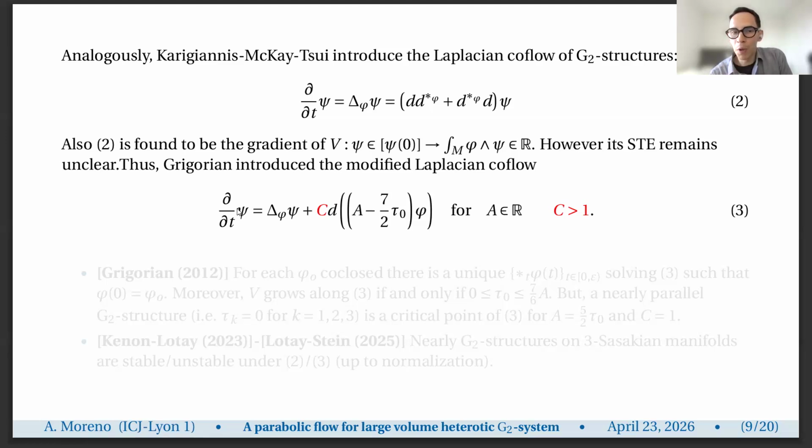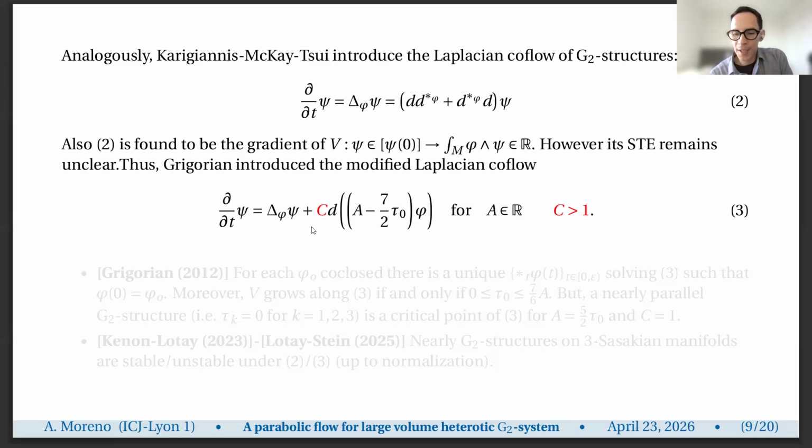The way I wrote the modified Laplacian coflow is in a bit more general way than was done by Grigorian, because he just took this C as a particular constant, I think it was 2. But I put this constant in a general way in order to try to make some relation with our heterotic G2 flow later.